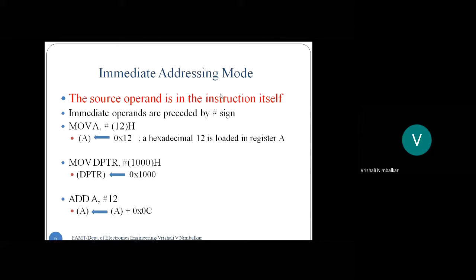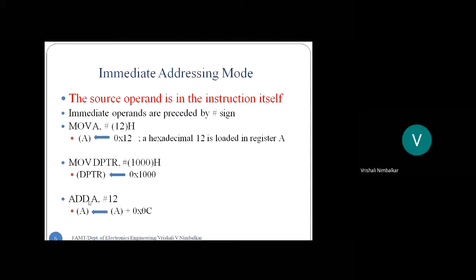Now, when do you use immediate addressing? Whenever the number is fixed and does not change. Whenever you have constants in the program, we prefer immediate addressing mode. For example, if the DPTR memory address should always begin with 1000, then I will use immediate addressing.